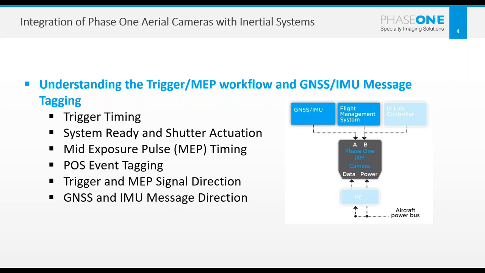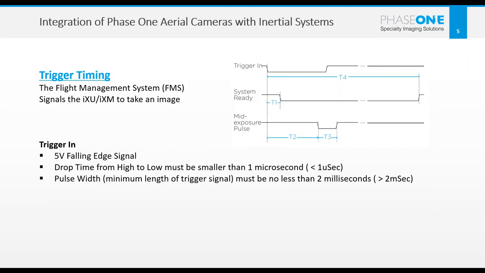As you can see, we have a diagram of what the integration of the camera may look like on a system with a flash management system connected to it, and an inertial system or the POS, which consists of an IMU, a GNSS, and an onboard computer. We have 2 terminals in the camera, N and B, that we will explain the usage for in a few minutes. And then let's go for the trigger timing.